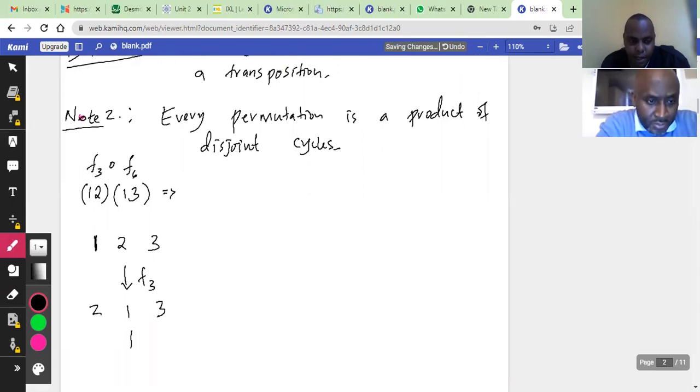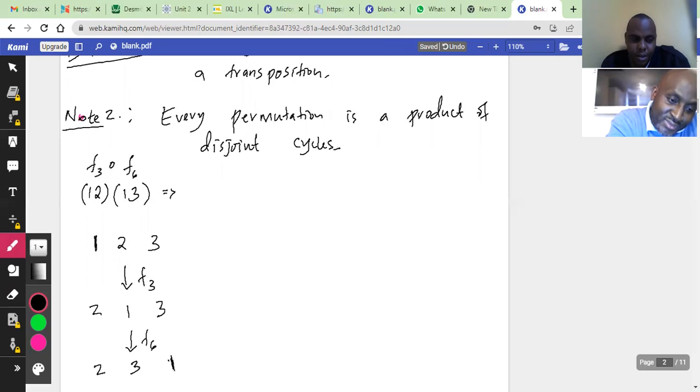And then you do the second function, F6. 2 goes to 2. 1 goes to 3. And 3 goes to 1, sorry.